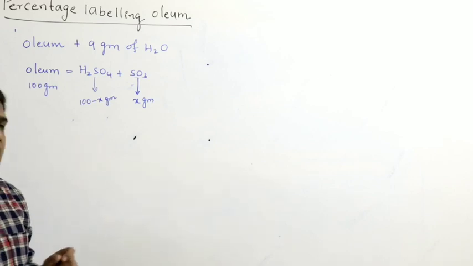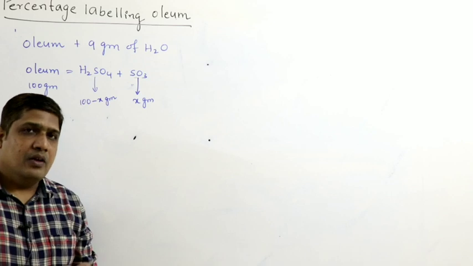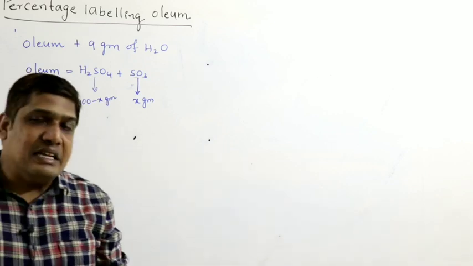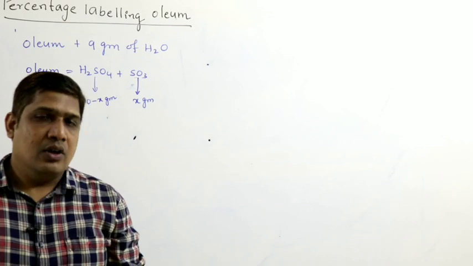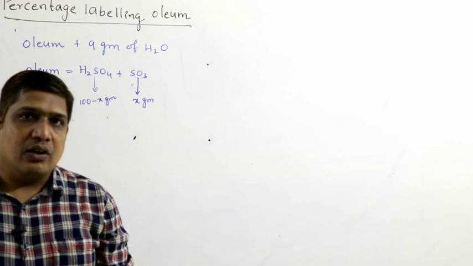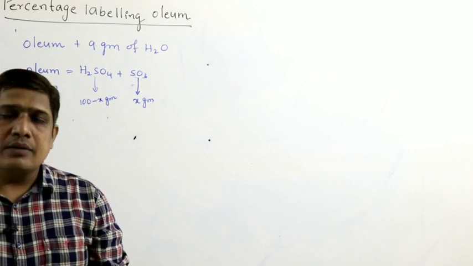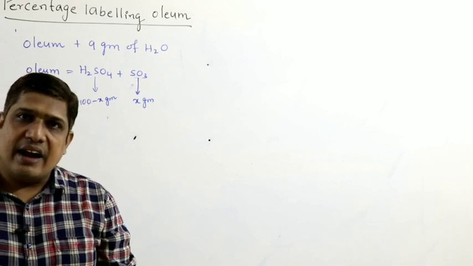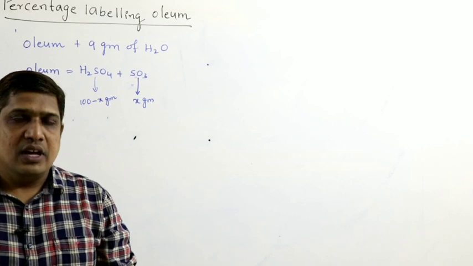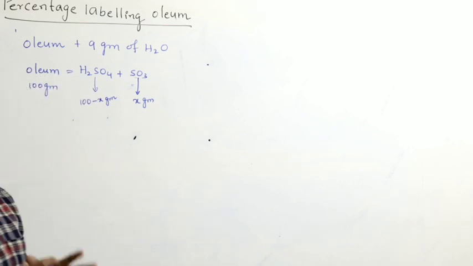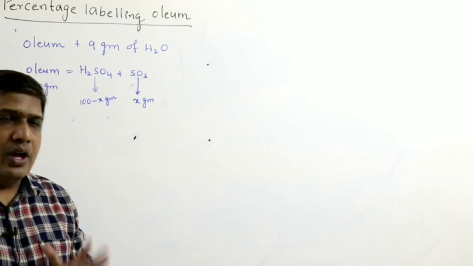The total amount of H2SO4 obtained when 100 gram oleum is diluted with the desired amount of water, we call it percentage labeling of oleum. Here we are taking 100 grams of oleum, to this we are adding 9 grams of water. Let us see what will be the percentage of this oleum.